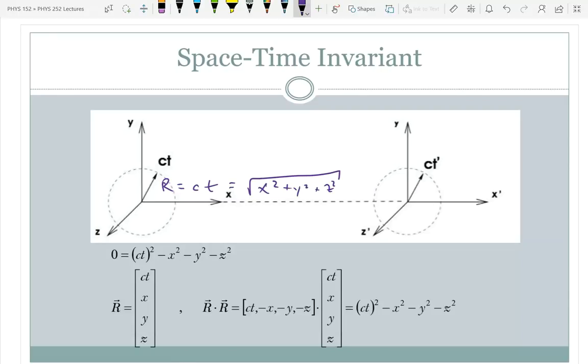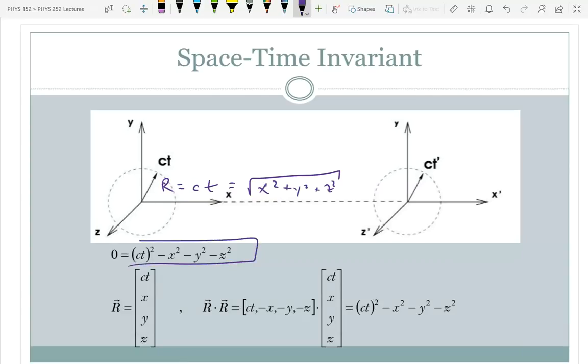And once again, that's the Pythagorean theorem in three-dimensional space. And so what we did is we made our invariant by squaring both sides and then subtracting the x squared, y squared, and z squared. So we have 0 as the invariant.